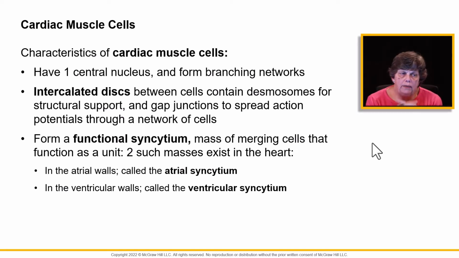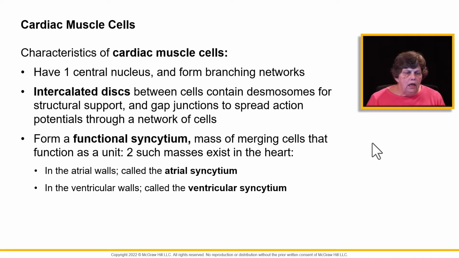So let's talk about the muscle cells that are doing this. You learned in AP1 the difference of cardiac muscle from skeletal and smooth muscle. You have one central nucleus. It is branching. You have the intercalated disc between the cells, and they contain desmosomes so that you have support. You have gap junctions so that this information spreads very quickly.